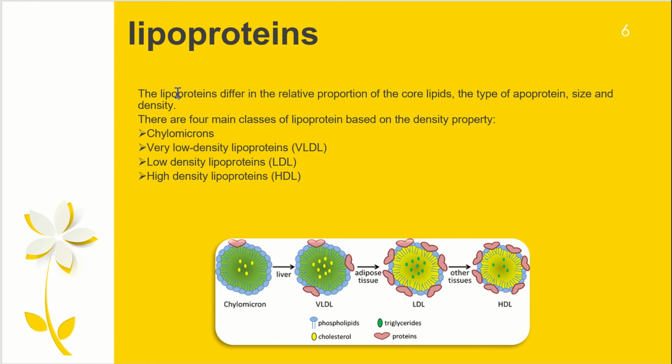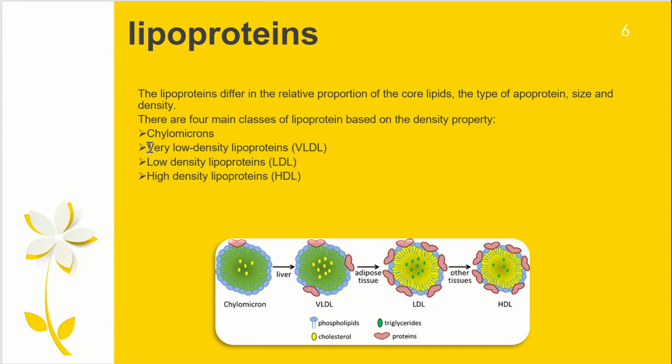All right, so the lipoproteins differ in the relative proportion of the core lipids, the type of apoprotein, the size, and density. There are four main classes of lipoprotein based on the density property. We have our chylomicrons seen here, and we have our VLDL. Throughout this lecture, I'm sure you'll mainly see VLDL or LDL or HDL.